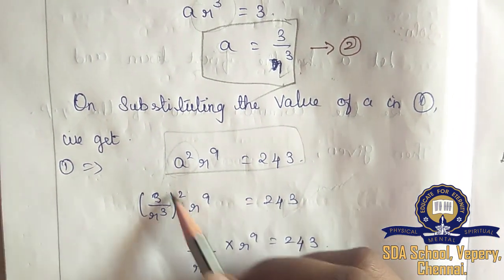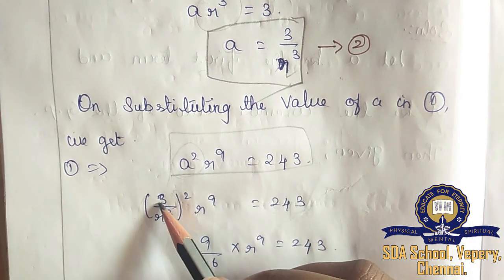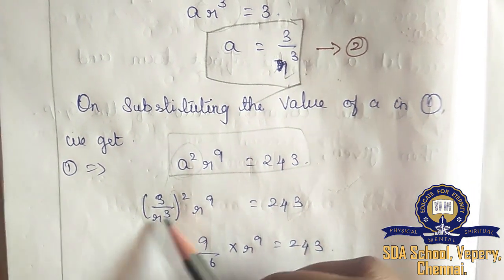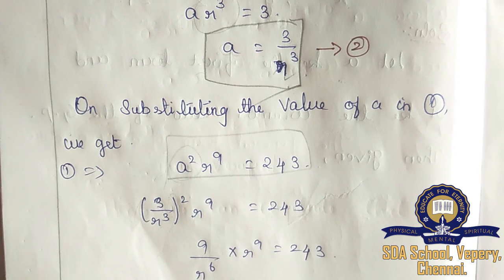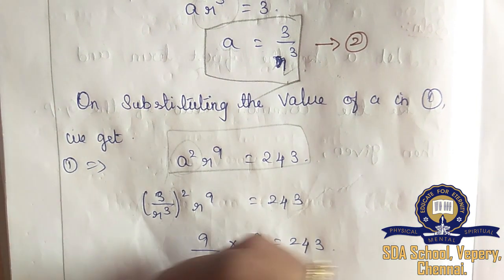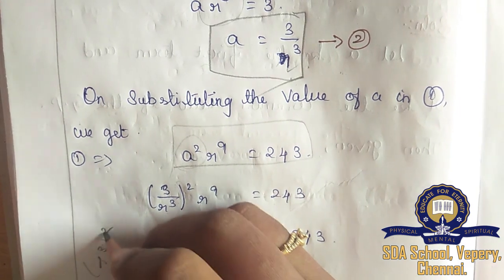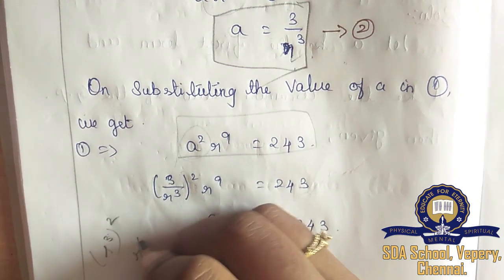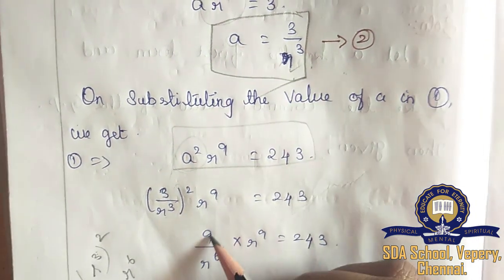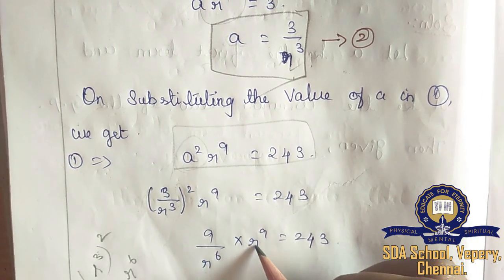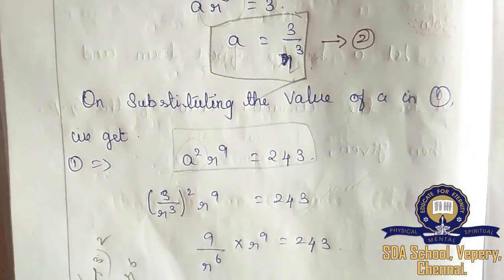Here I am going to take the square, right? Now what will happen? 3 into 3 is 9. r cube the whole square. So how will the condition be? r cube the whole square. What do we have to do here? Here we have to multiply the powers. So it will become r power 6. So 9 divided by r power 6 into r power 9 is equal to 243.